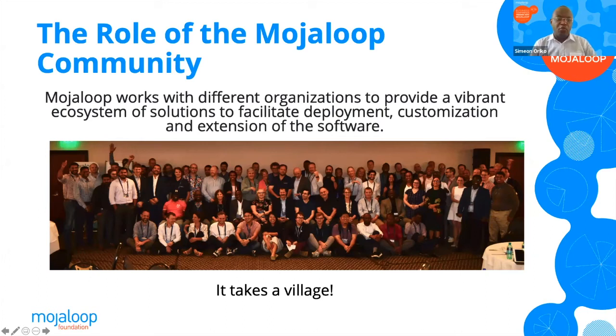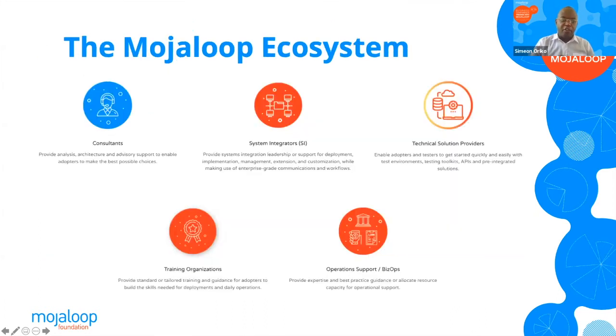And the main role of the community here is we work with an ecosystem to create solutions that facilitate deployment, customization, extension of software. And this is accomplished by different organizations, consultants, and other groups, which are summarized here.